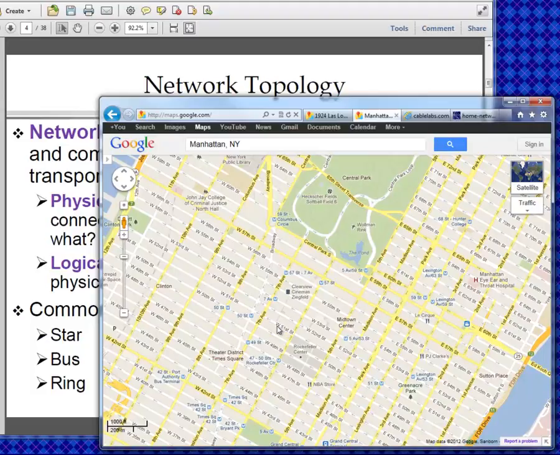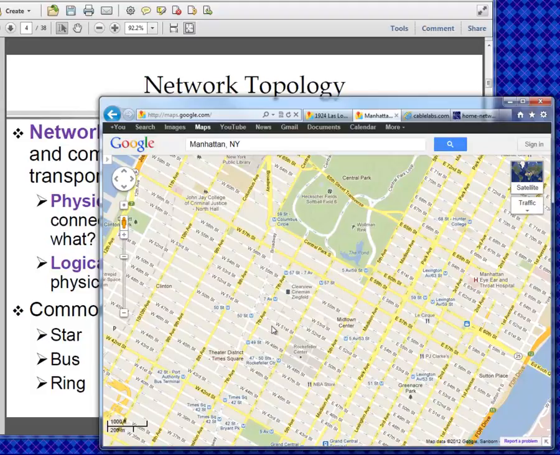Okay, we don't have a situation where every node is connected to every other. So each of these smaller streets, to some extent, you could think of as a bus. But those smaller streets, note, they cross a whole bunch of avenues. Streets don't cross other streets, but they cross a whole bunch of avenues. The avenues, in turn, cross a whole lot of streets.